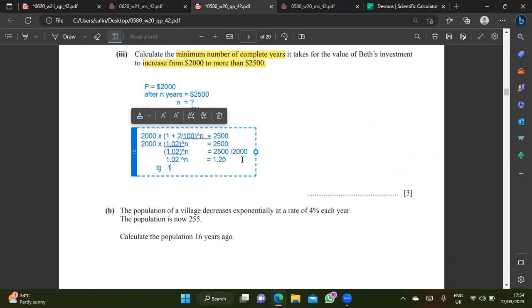So lg of 1.02 to the power of n. Remember, when you have anything with a power and you want to know the value of the power, you can log both sides to the base of 10. So this will become lg 1.25.